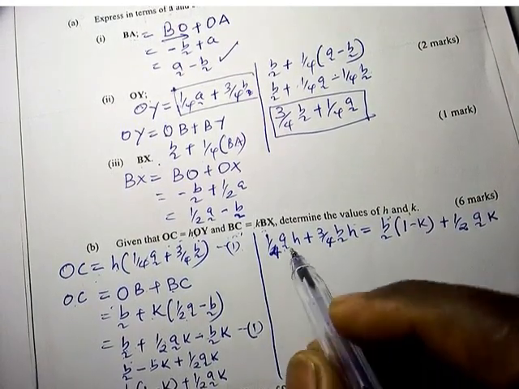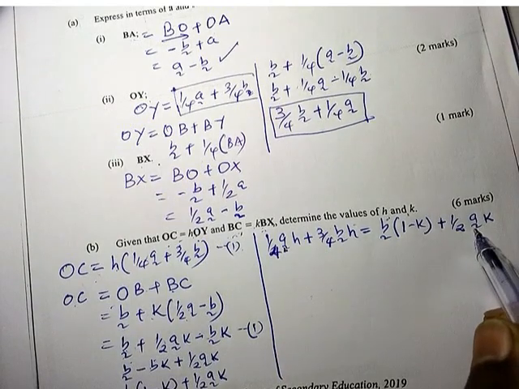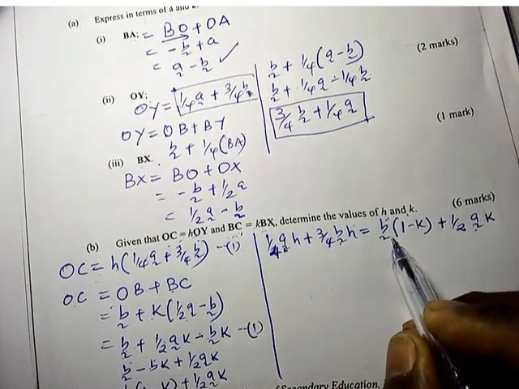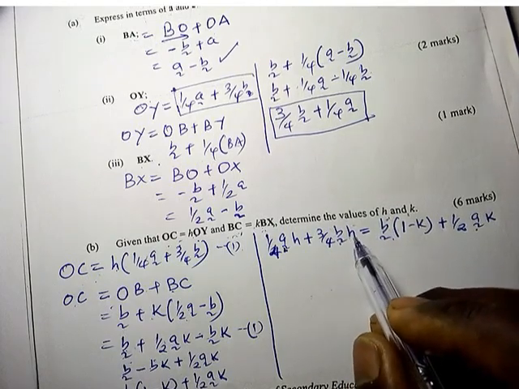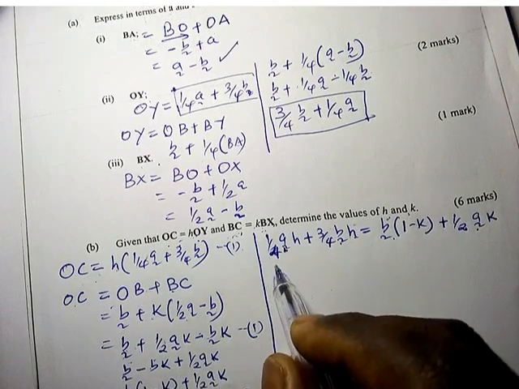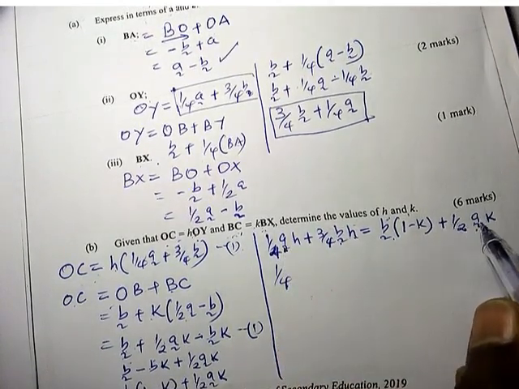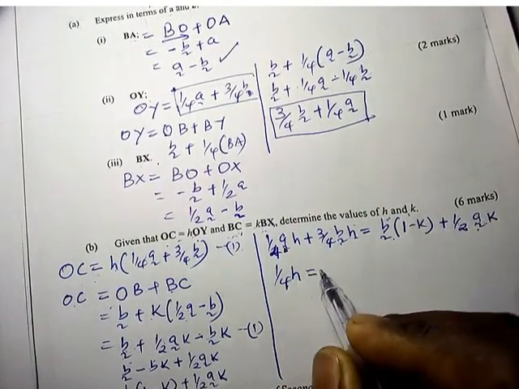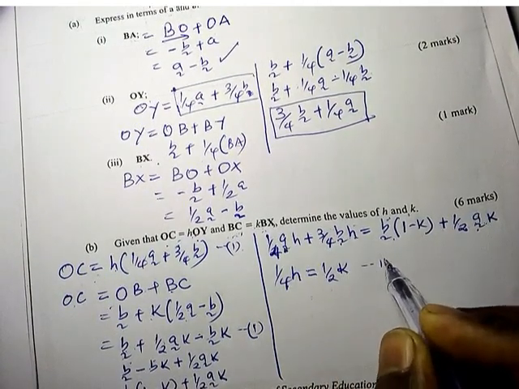Now we take the coefficients where vector A and vector A are like terms, and vector B and vector B are like terms. Once we have identified that, we separate A and B and take H and K. So I start with this 1 over 4 vector A, its partner is a half K. So it will be 1 over 4 H is equal to 1 over 2 K. That is another equation, now equation 3.